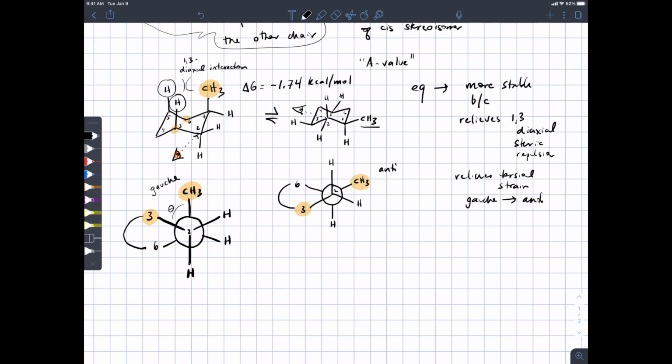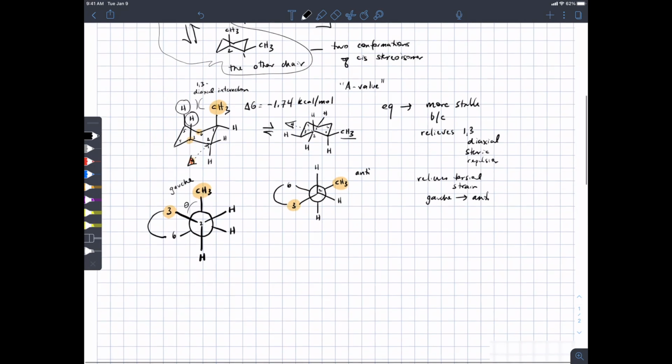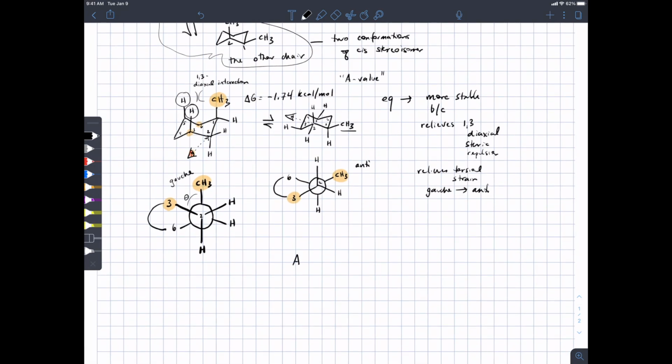The A value tells you how much worse it is to have something axial versus equatorial. So the A value actually presents these numbers in reverse. It says how much worse axial is than equatorial, or in other words, the A value presents the change in free energy from going from the equatorial conformation to the axial one.